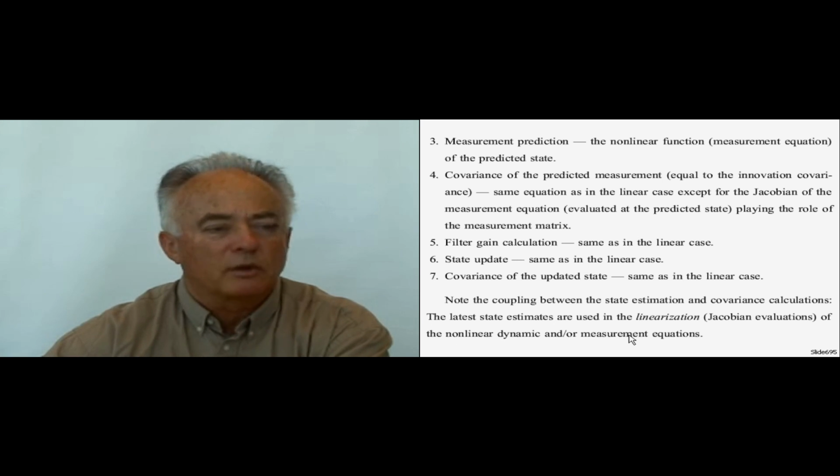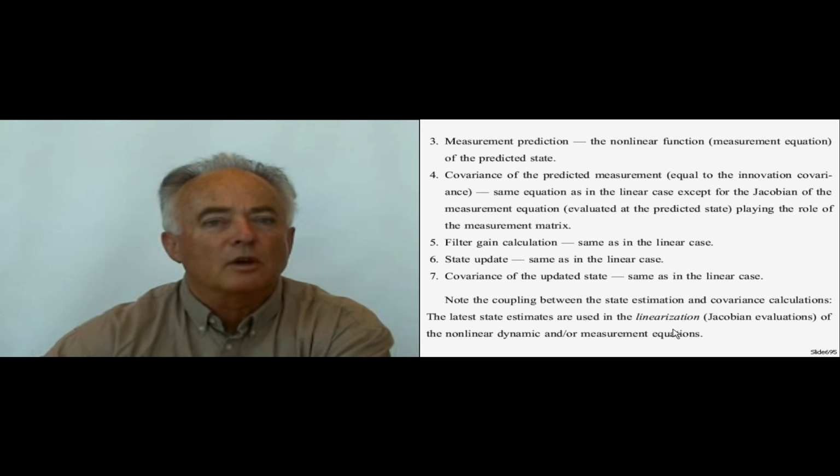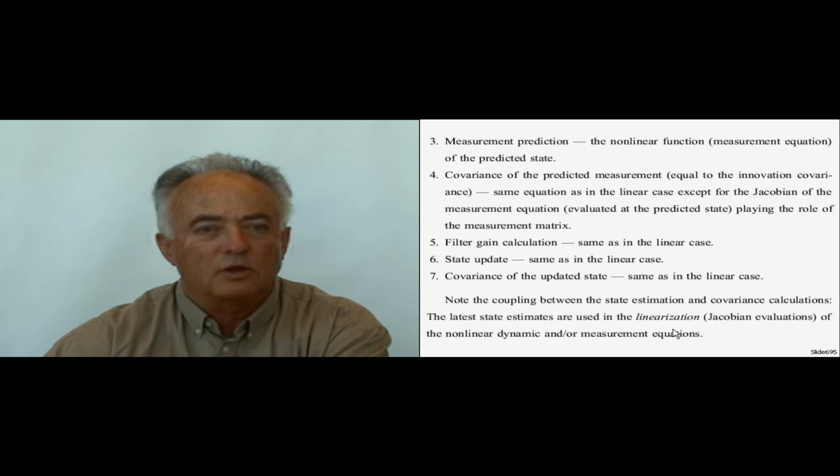So we have obviously a different, more complicated setup, and this is the motivation for what was indicated as an absolute need to do extensive Monte Carlo runs on nonlinear filters to verify that they work well.